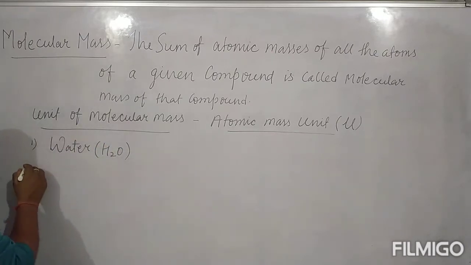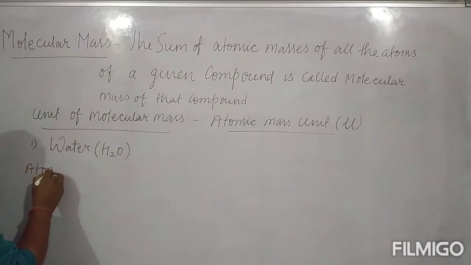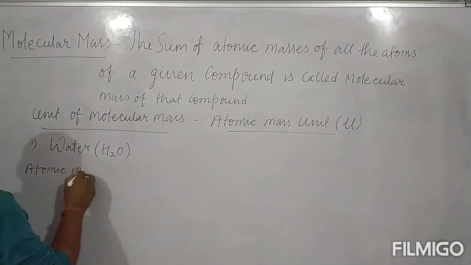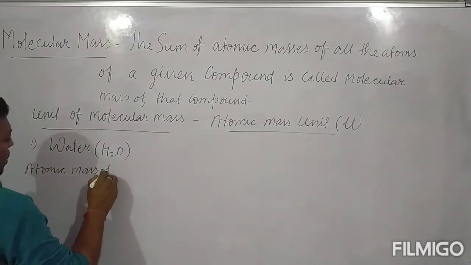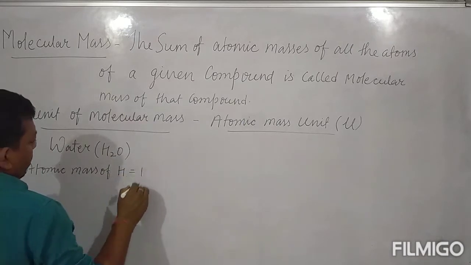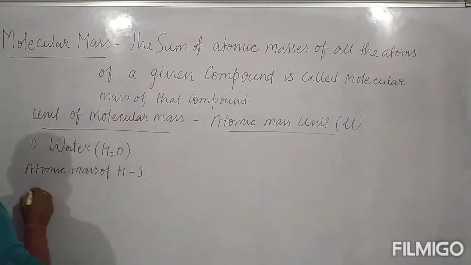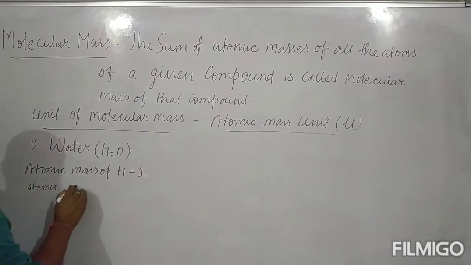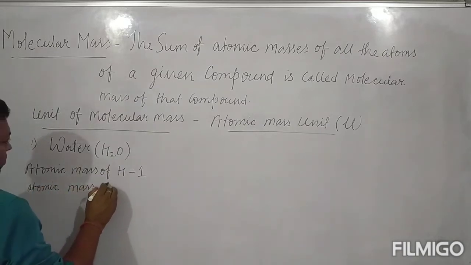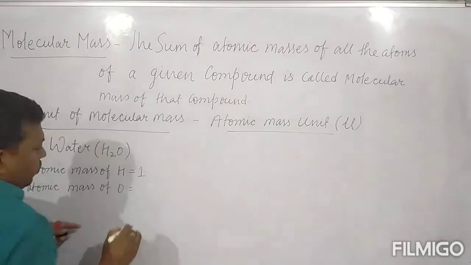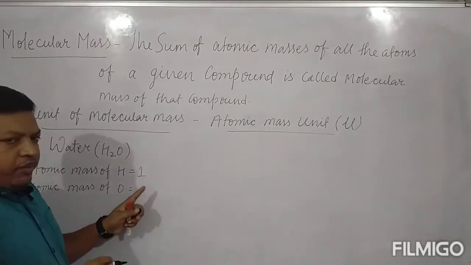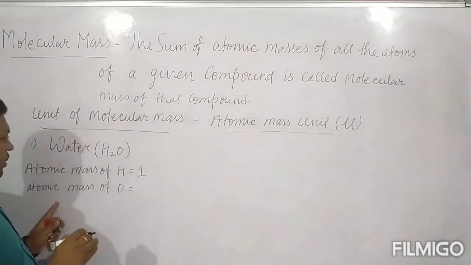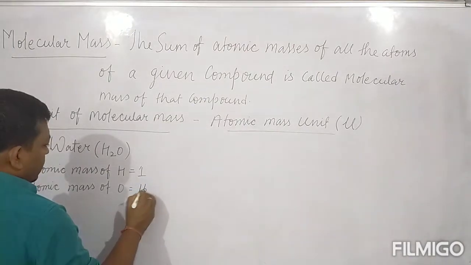So the atomic mass of hydrogen is what? It is 1. And the atomic mass of oxygen, we know from the periodic table atomic number and atomic mass. So the atomic mass of oxygen is 16.